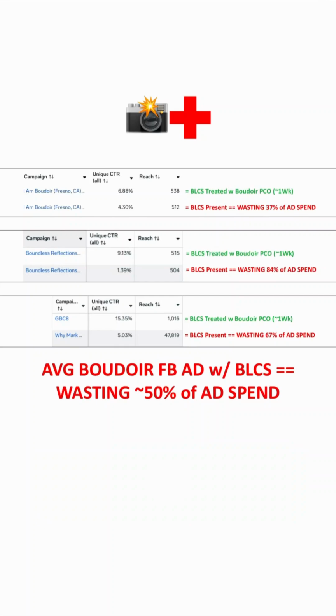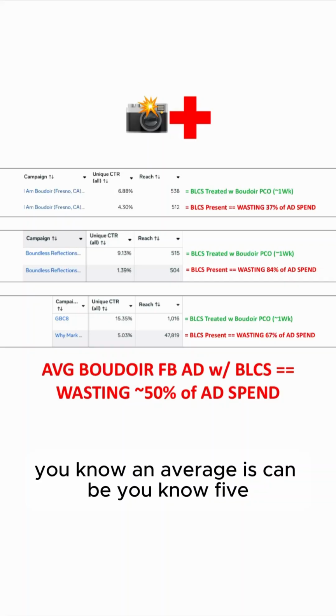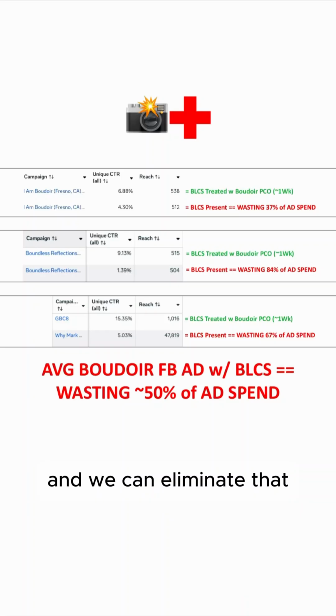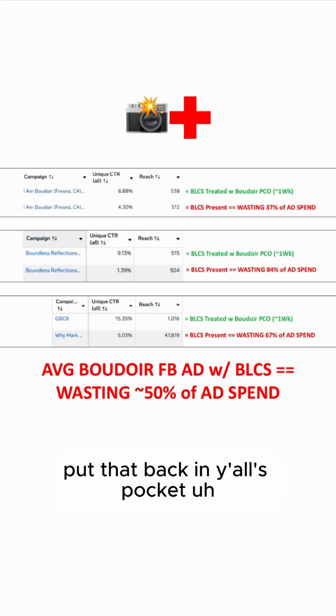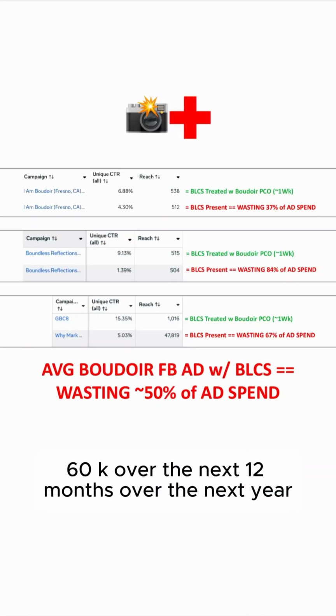So if they're spending 10 grand a month on Boudoir Facebook ads, on average, five out of 10K is being wasted every single month, and we can eliminate that, put that back in your pocket, approximately 60K over the next 12 months, over the next year.